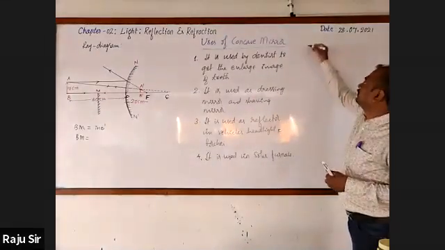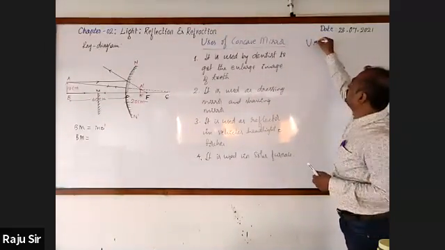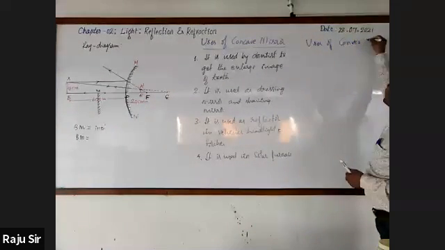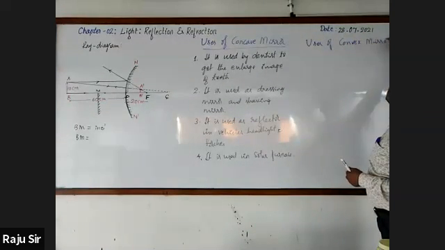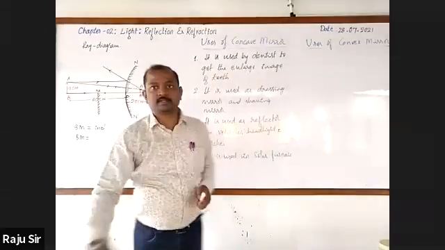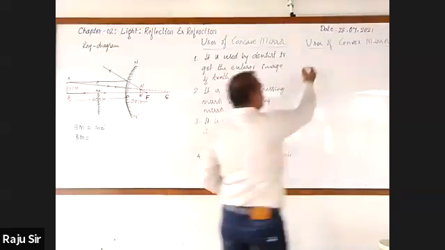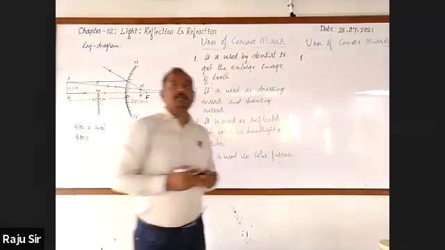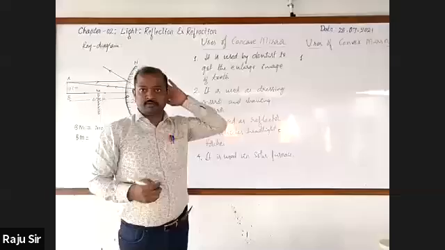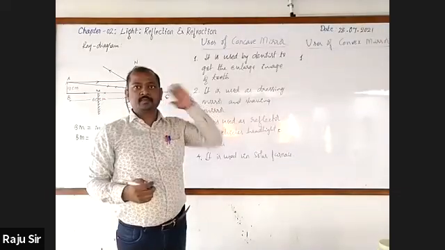Next, uses of convex mirror. Convex mirrors are used as rear view mirrors in vehicles. You all know that in vehicles, as a side view mirror, we go for using a convex mirror. What is the reason?